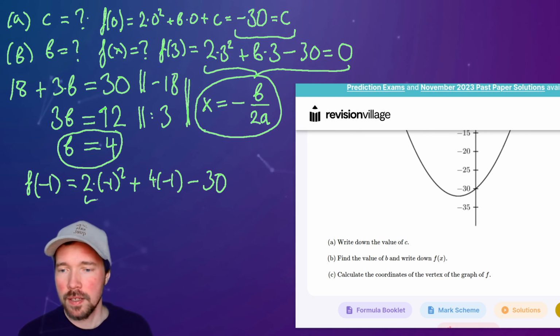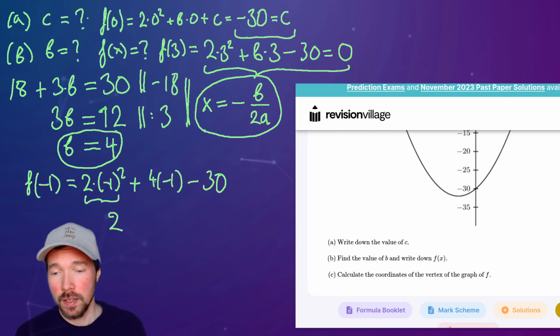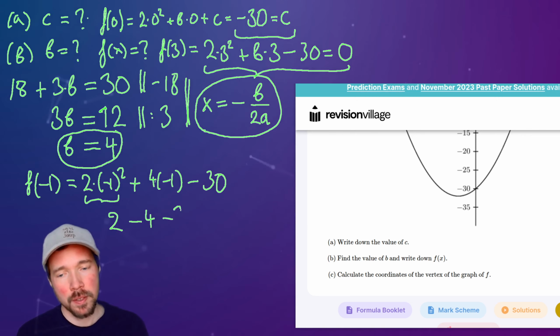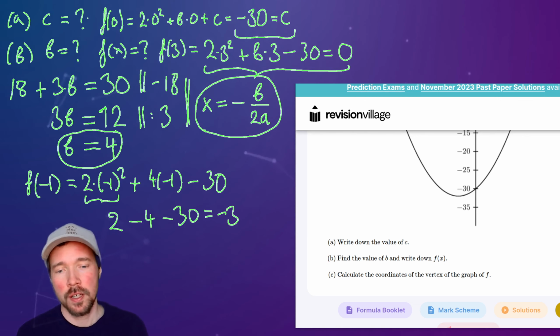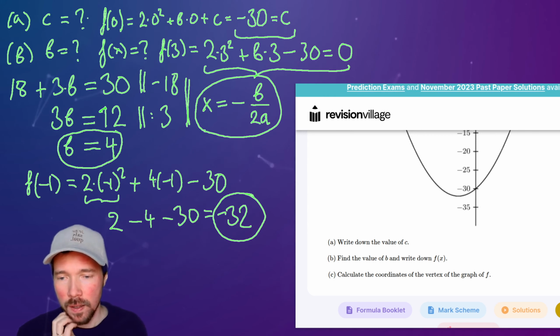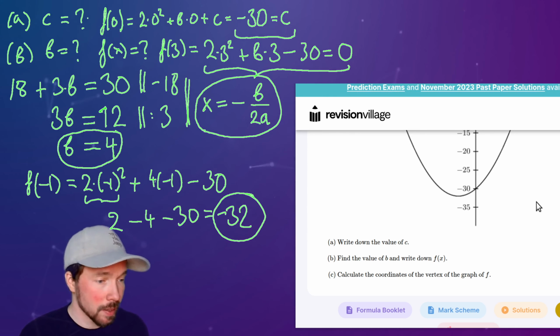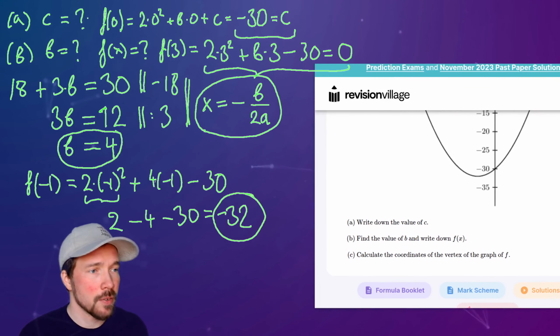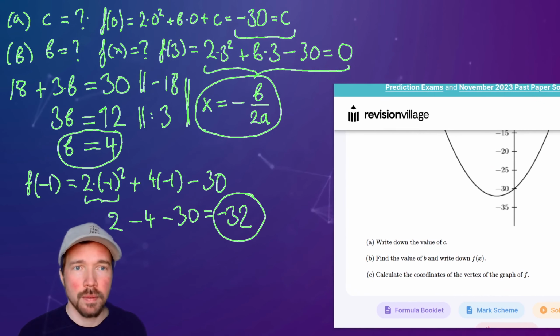So now this equals simply 2, because -1 squared is just 1. 4 times -1 is -4, and then -30, so we get -32. That's the right ballpark, and seems to be correct, also based on the picture. Okay, so as far as I'm concerned, this is done, and we can move to the next.